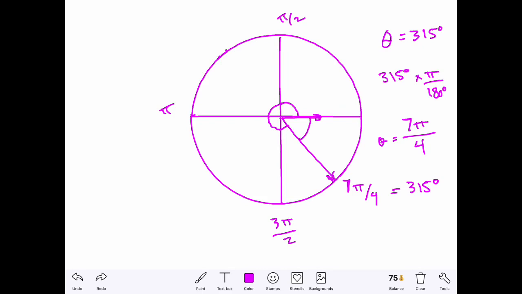theta prime. So how much do I have left? Let's do degrees first if that's easier. How many degrees left do I have to get to 360? Well, 360 minus 315, 45. So I know my reference angle is a 45.